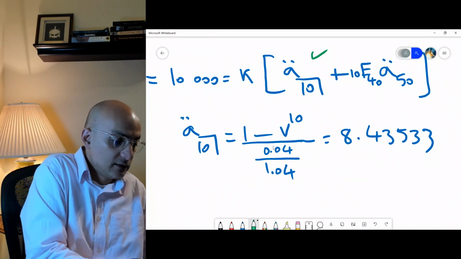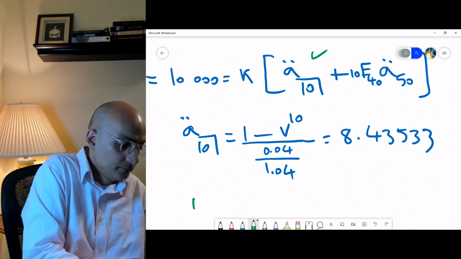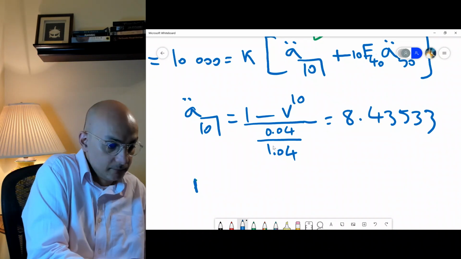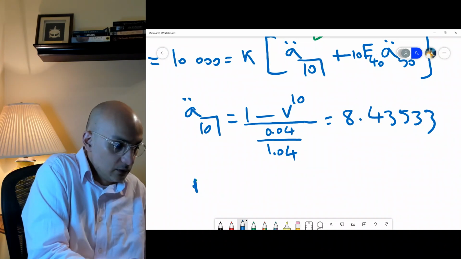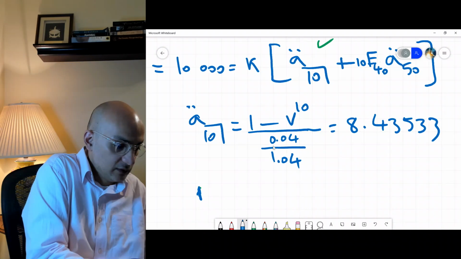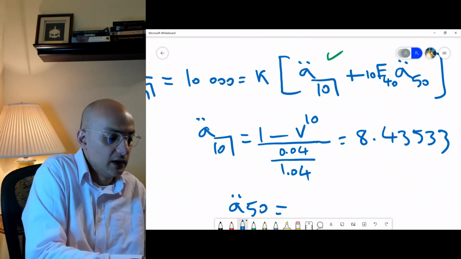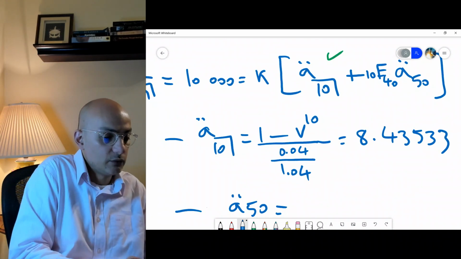Now we need 10E40. We take it term by term. Or let's take A50 first. How do we calculate this one? Let's see what we have to calculate. We need to calculate one by one.